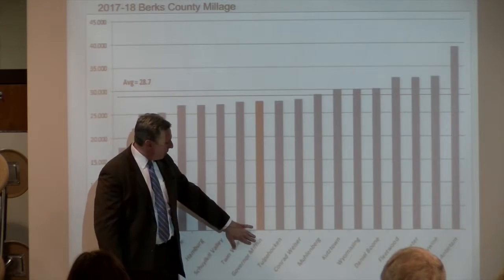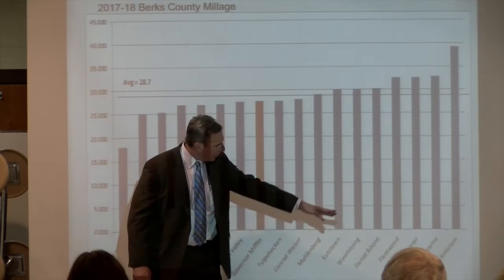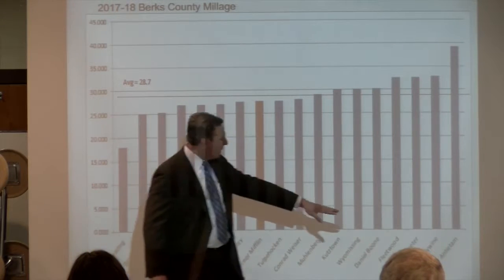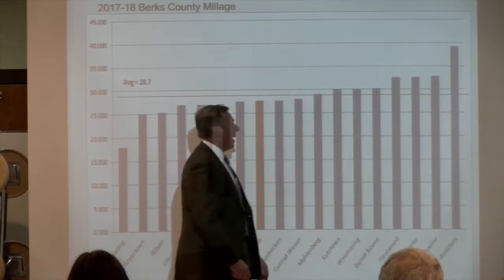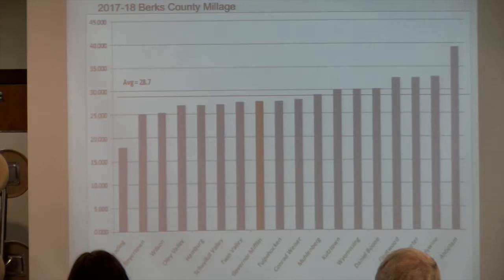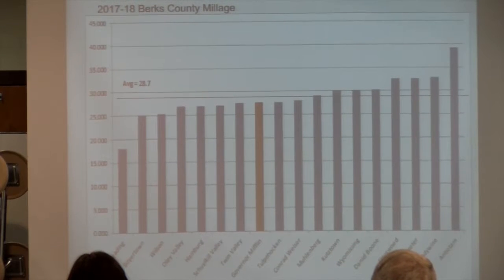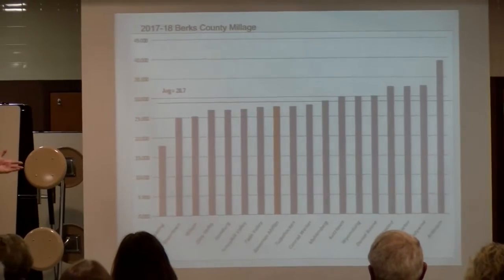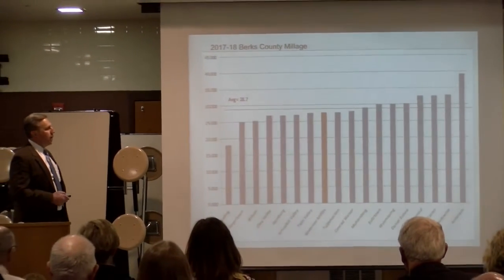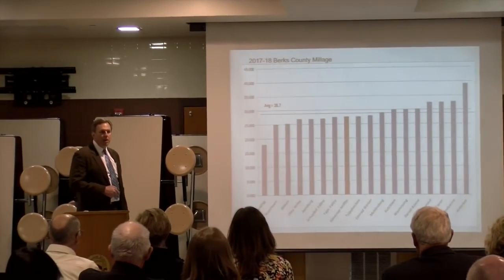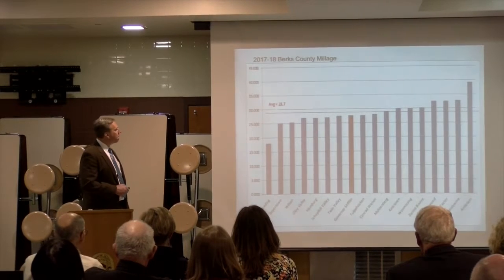And then there's Governor Mifflin. You can see through the rest, all the way up to the high ones: Exeter, Brandywine, and Antietam. So we are under the average, and I would say middle to low middle of the pack in comparison to the other districts in Berks County.